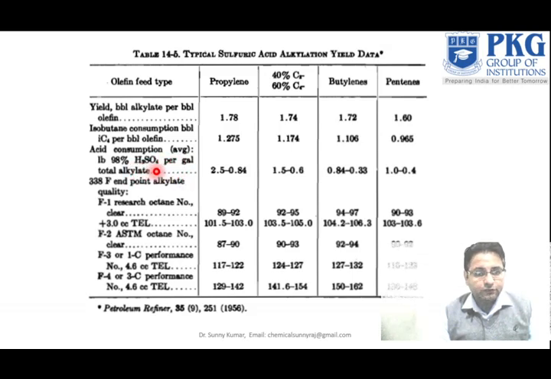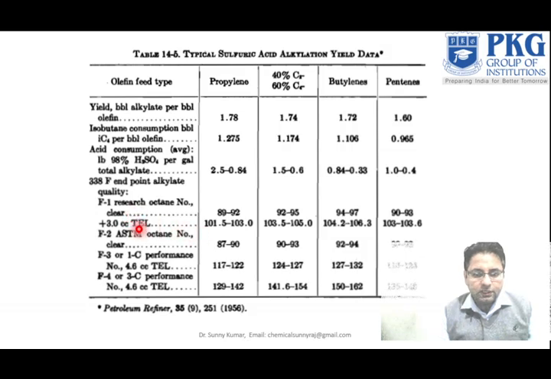The acid consumption in 98% sulfuric acid per gallon of total alkylate is 2.5 to 0.84, 1.5 to 0.6, 0.84 to 0.33, and 1.0 to 0.4, and then the 338 Fahrenheit endpoint alkylate quality.